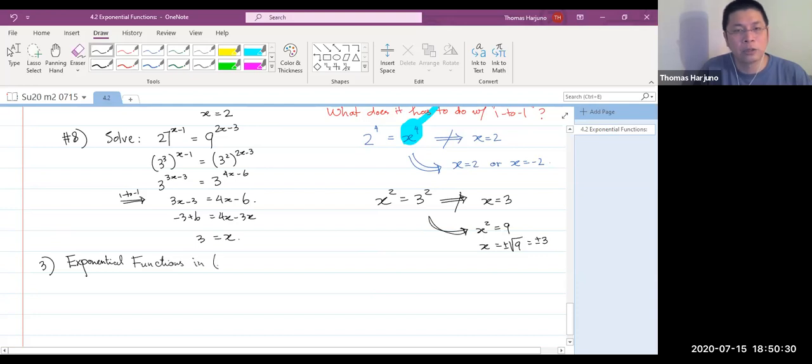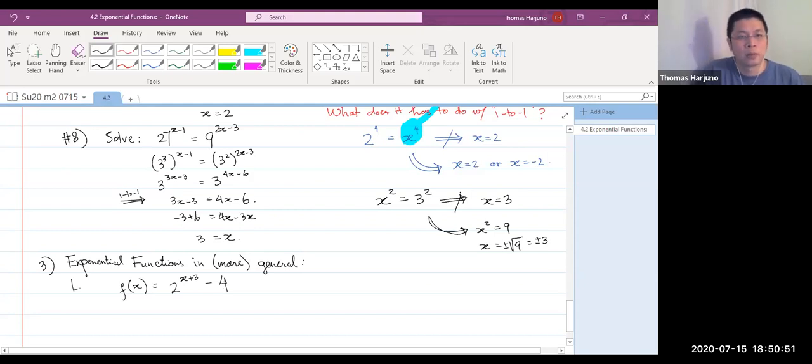I think I want to insert the words more general, but not super general. We will be dealing with this kind of function: f(x) equals, let's say, 2 to the x plus 3 minus 4.